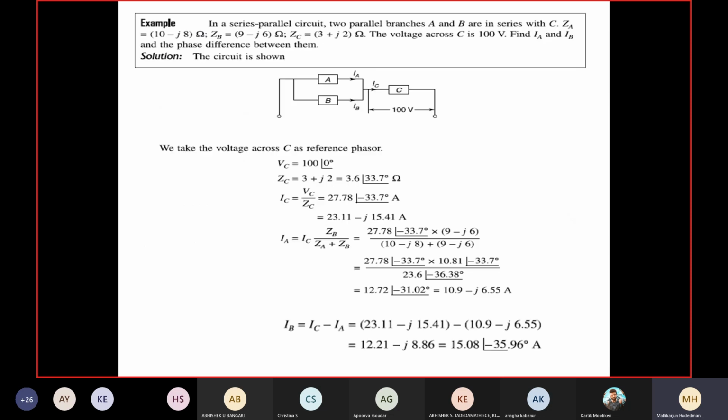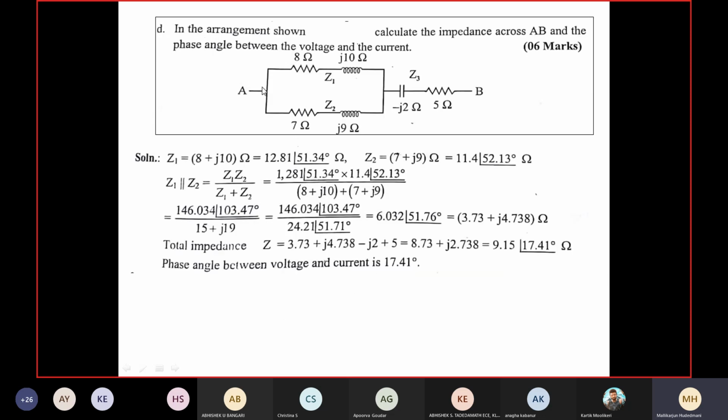So this is another problem. I was speaking about rectangle boxes, called the black box approach. It is very similar, I feel. 10 plus J, 7 minus J8, 9 minus J6, and 3 plus J2 ohm are connected in parallel. It is like this problem only. This is the problem given to you as a pictorial view.